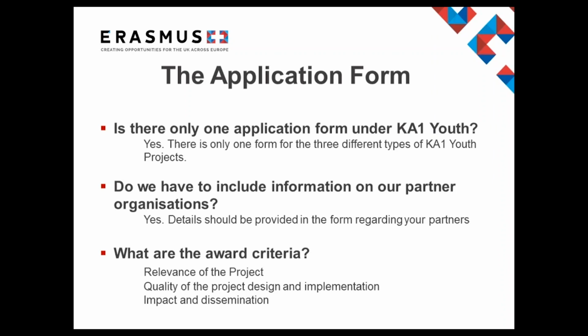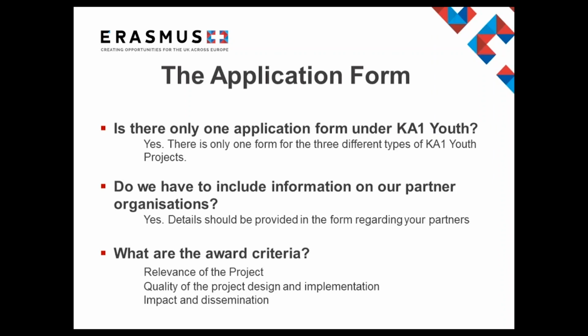And the answer is yes. You'll see in the form there are specific areas requesting information regarding your partners, and it's in line with the information requested for yourselves. Considering that a strong partnership is crucial, there will be various areas within the application where the expertise, skills and experience of your partners and their main staff members should be detailed.